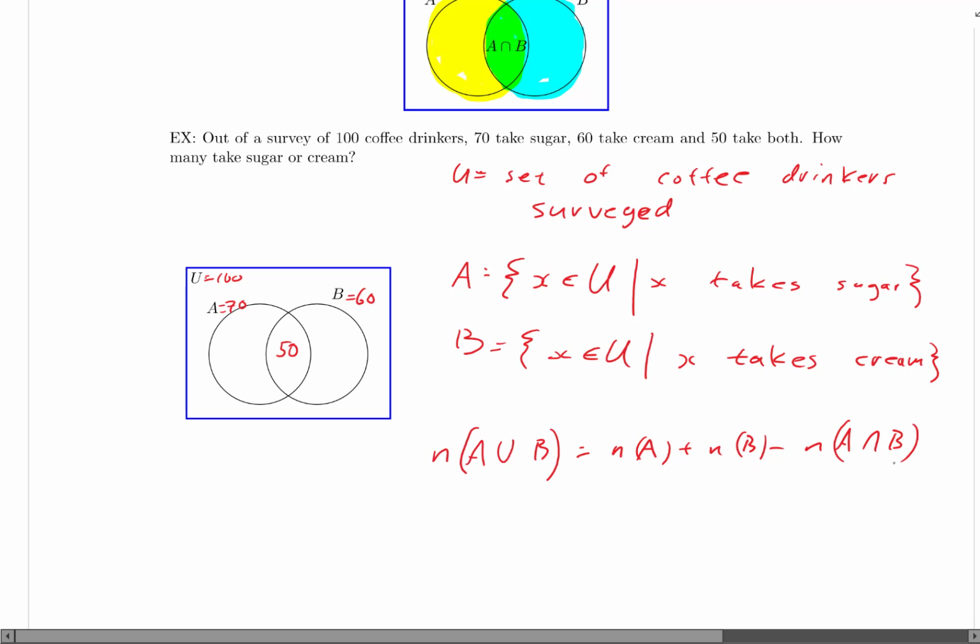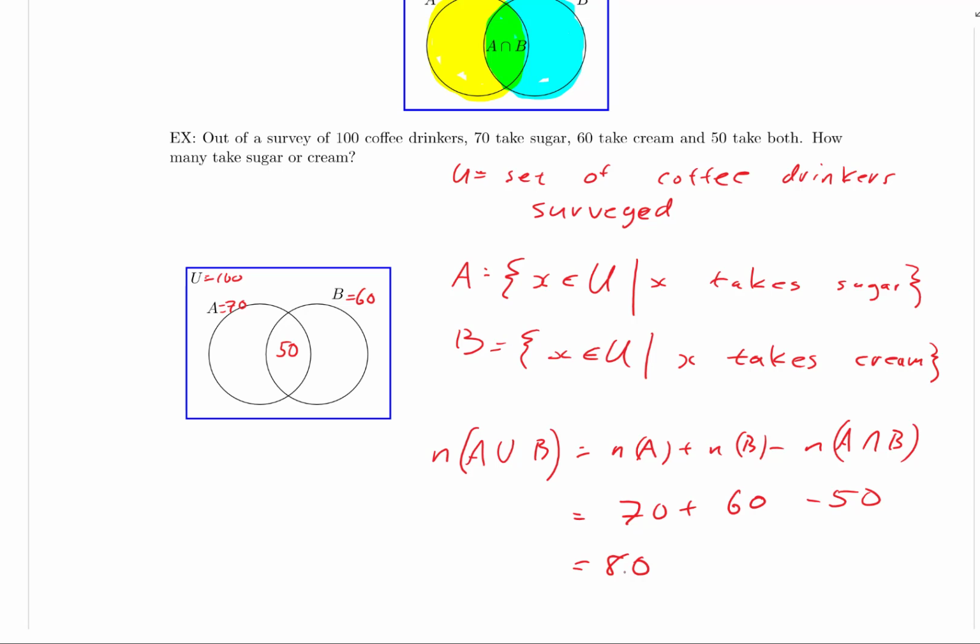Plug in the numbers, and you end up with 80. So there are 80 coffee drinkers that take either sugar or cream or both. Again, or is always going to be an inclusive or.